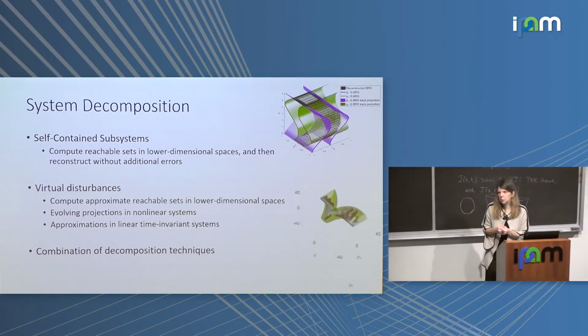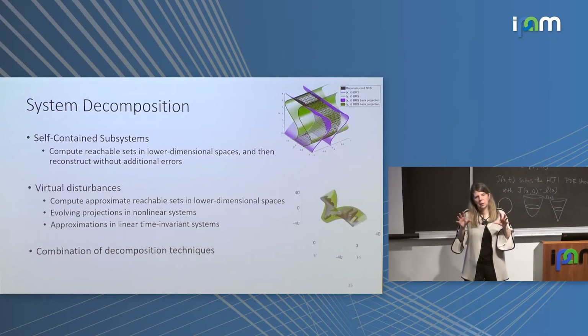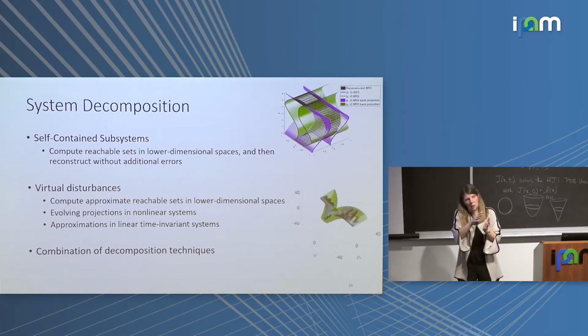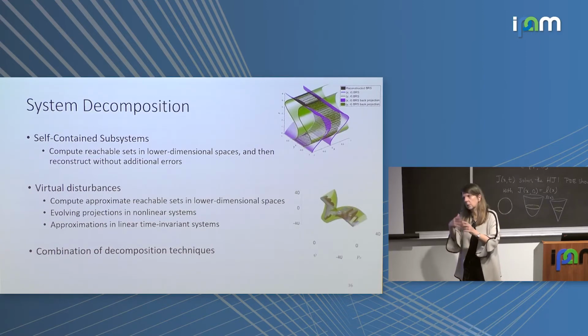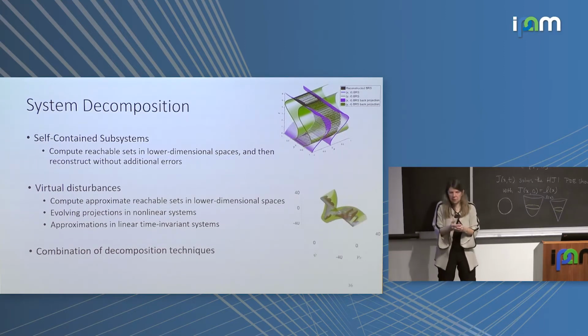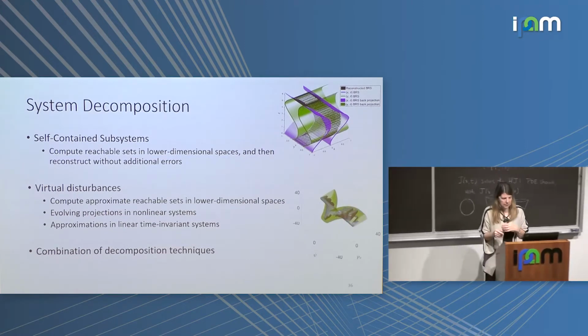The idea is to take an ordinary differential equation for a reachability problem, project the dynamics onto lower dimensional sets of the state space, do the reachable computation in those lower dimensional spaces, and then back project to get either an over approximation of the set or an under approximation, depending on whether you're looking to stay outside of a set or stay inside of a set, or to be able to recompute that set exactly.